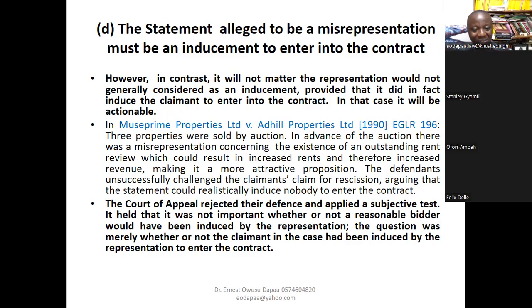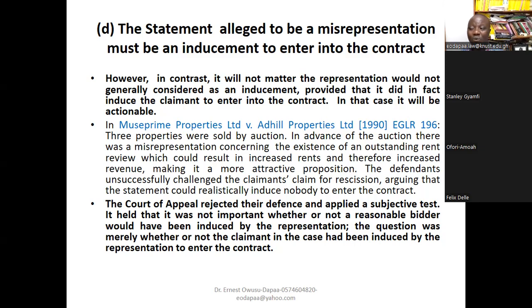So you notice that the court is trying to say that when we are trying to establish the element of inducement, it's not so much about the objective test. It's not a question of whether a reasonable person would have been induced by this statement.